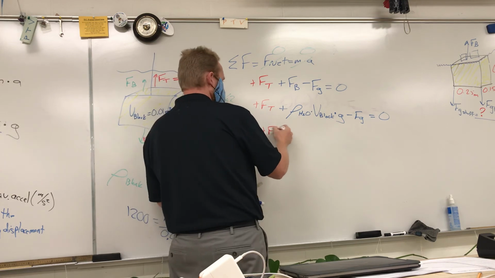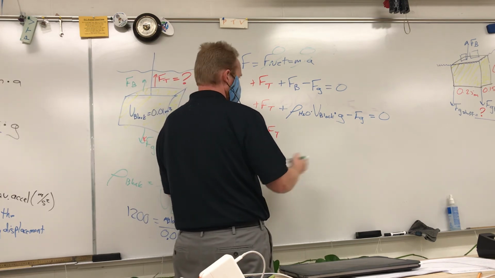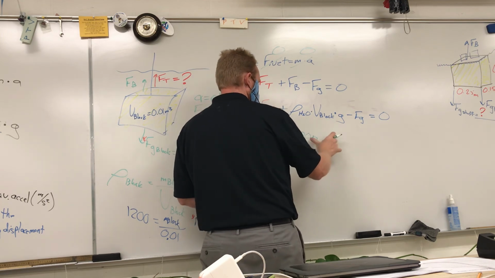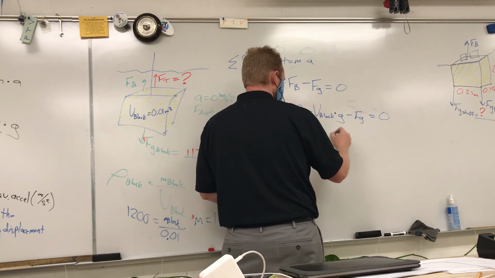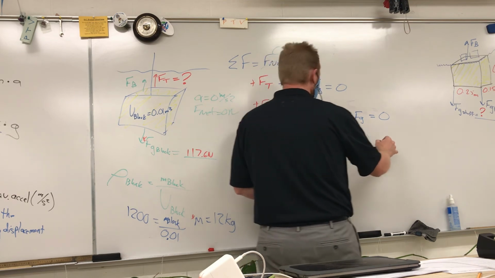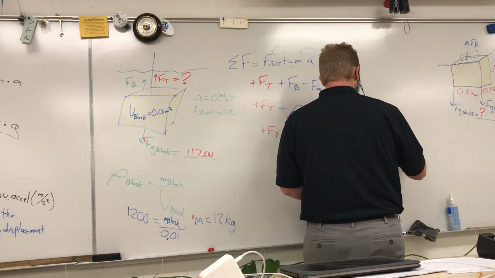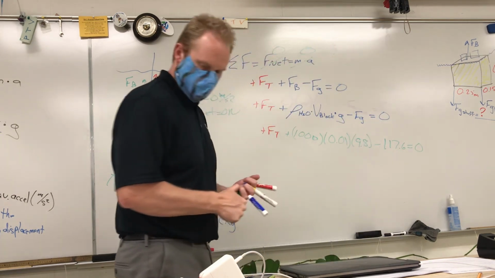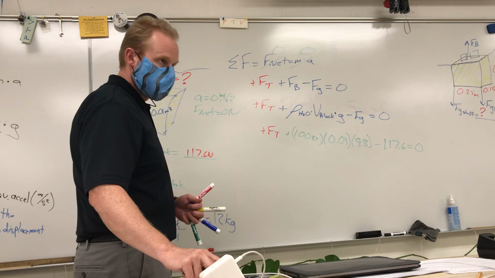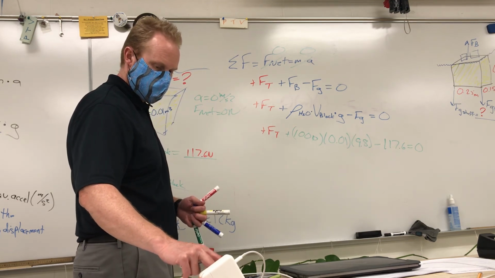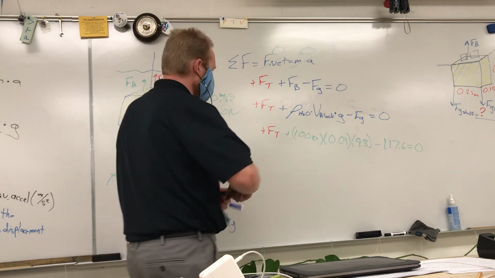We could just say m times g if we really wanted to. F of T, tension, is 1,000 times 0.01 times 9.8 minus my F of G of the block, which we calculated to be 117.6. 1,000 times 0.01 times 9.8 is 98.